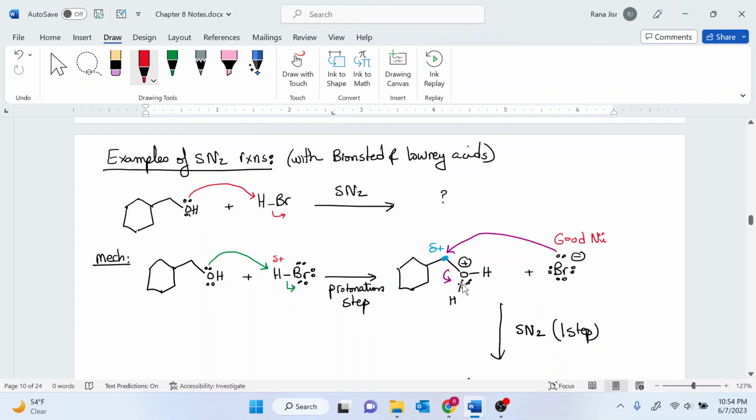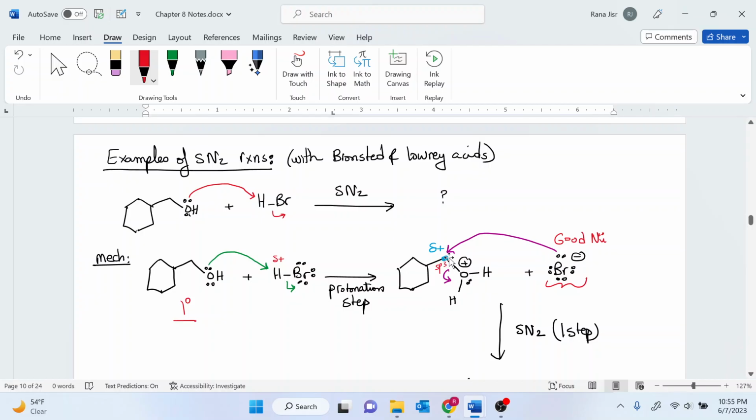Now, after we make the OH a better leaving group, remember that your mechanism here is going to be an SN2 because the type of alcohol that you are working with is a primary alcohol. And we know that SN2 is a one-step reaction. So the bromine that left here is going to be a good nucleophile. Immediately, that bromine is going to come and attack the sp3 hybrid carbon. The attack for substitution is always going to be on the sp3 hybrid carbon, which is the carbon that carries the leaving group.